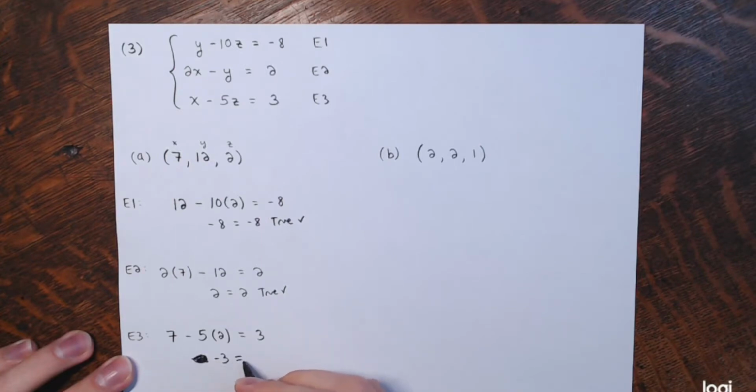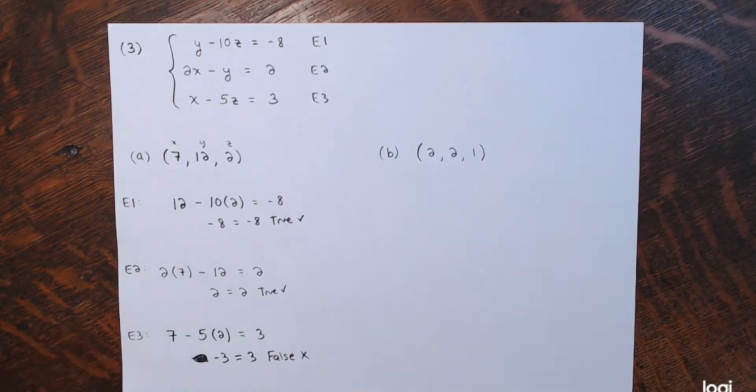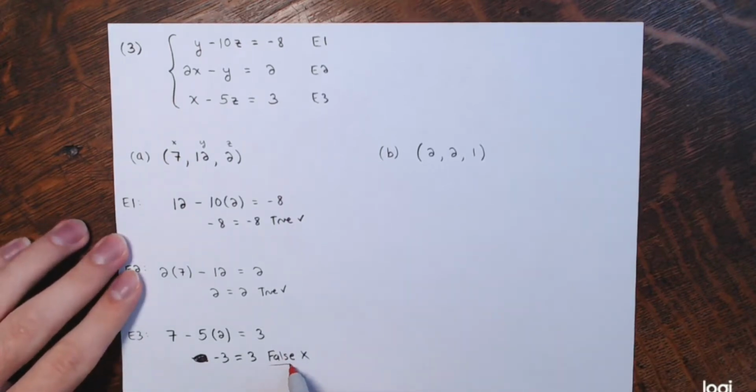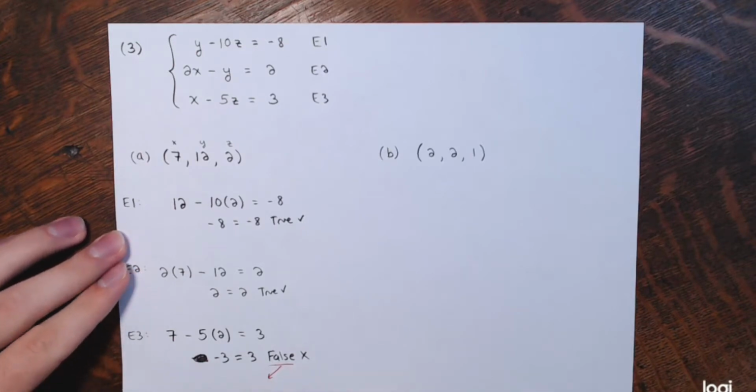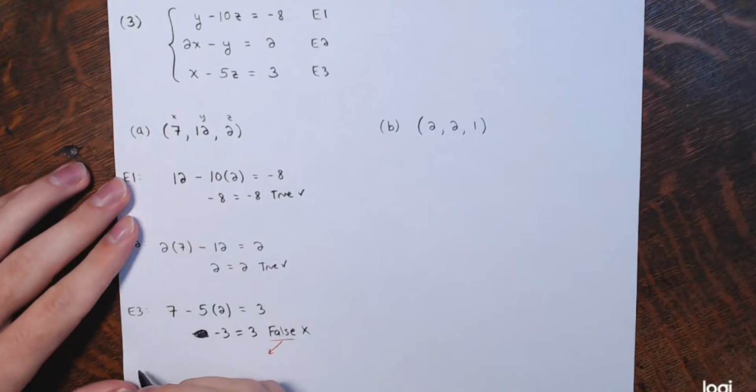And negative 3 is not equal to positive 3. So that is a false statement. And that means that this ordered triple, 7, 12, 2, is not a solution of this system.